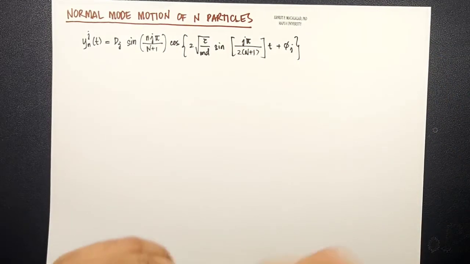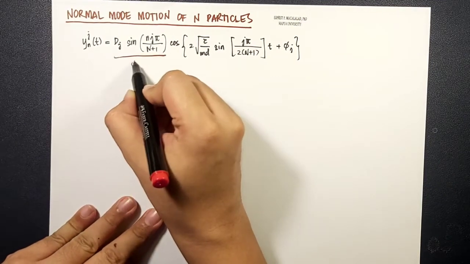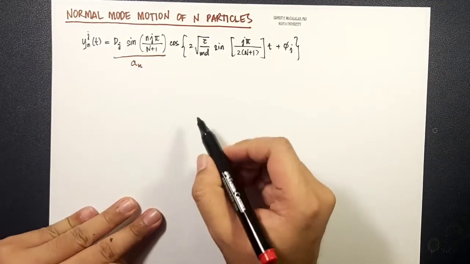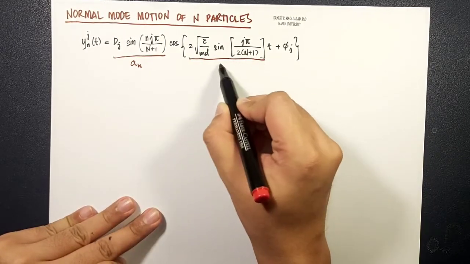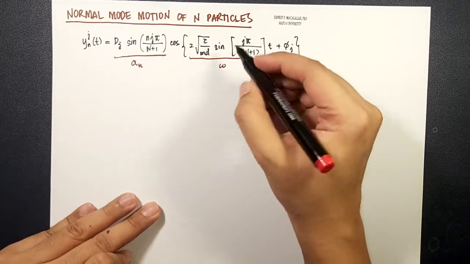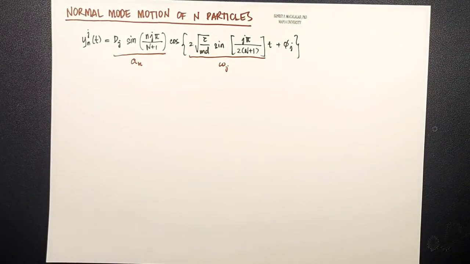So from here we already know that this is the amplitude term and this is your oscillating term, so this is your omega for that mode of oscillation J.